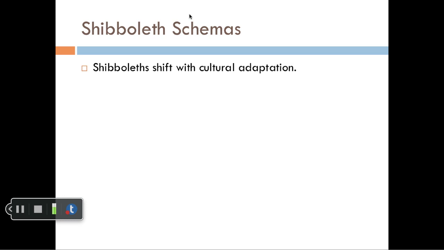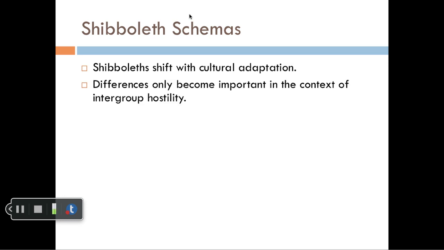So one of the key things about shibboleth schemas is that shibboleths will shift with cultural adaptation, and the differences only become important in the context of intergroup hostility.